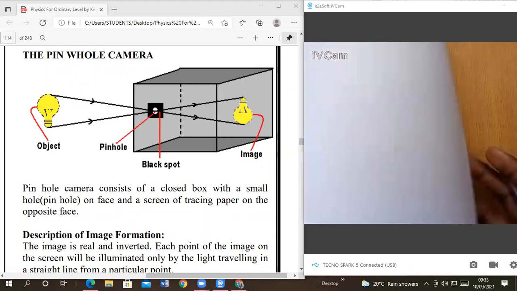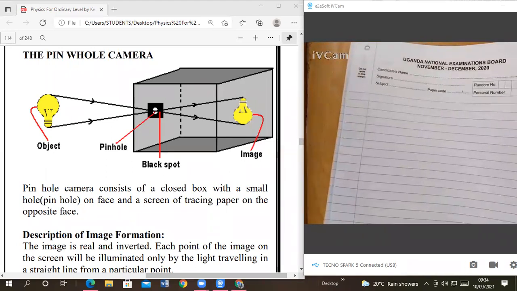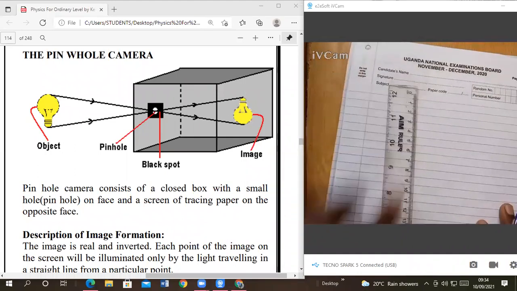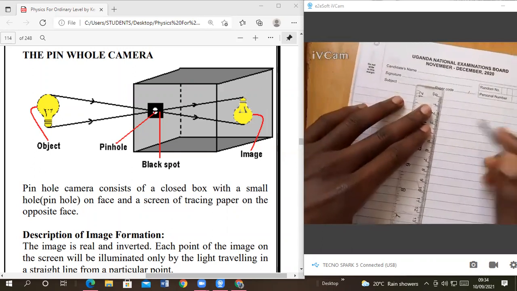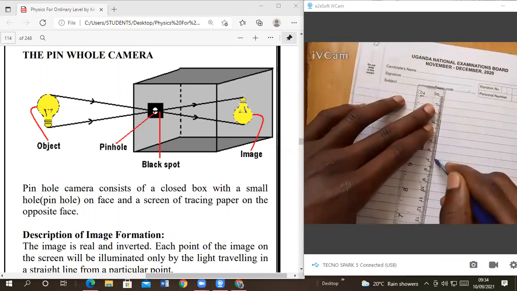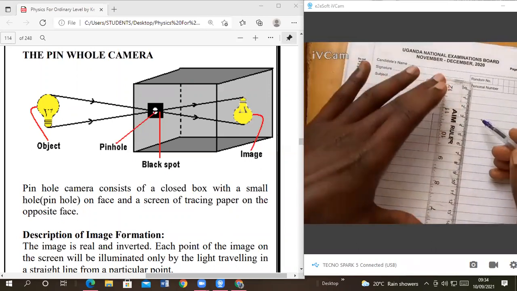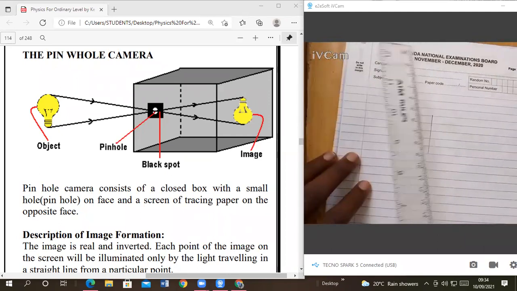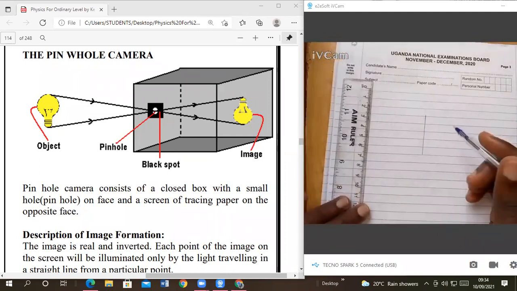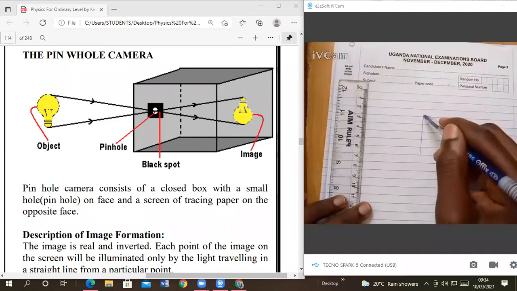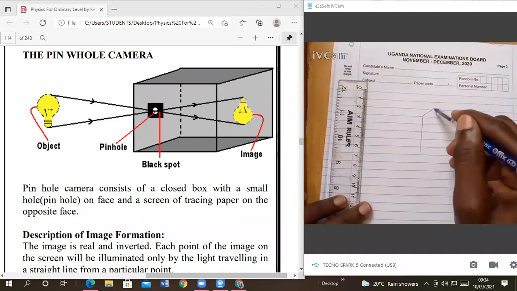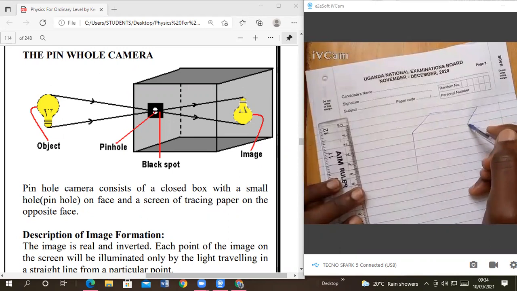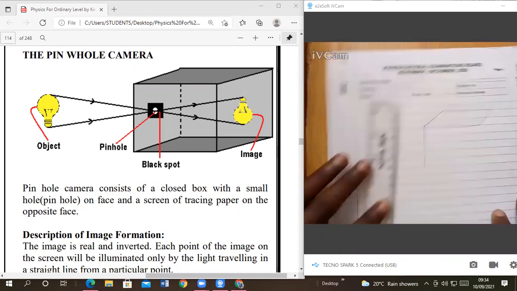After that, now let's draw it. I'm going to draw a simple one. So I'm going to draw a box. We all know how to draw a box. Let me draw it in a simple way. That's the box we have.